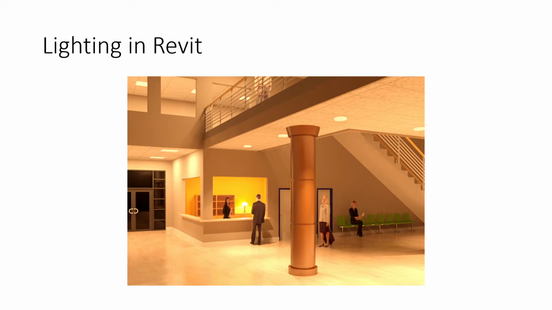This is the resolution you will get from Revit. In case you want a better rendering, you can use other software. In Revit we have Twinmotion, that's an advantage. Doing rendering with Revit will not be difficult.